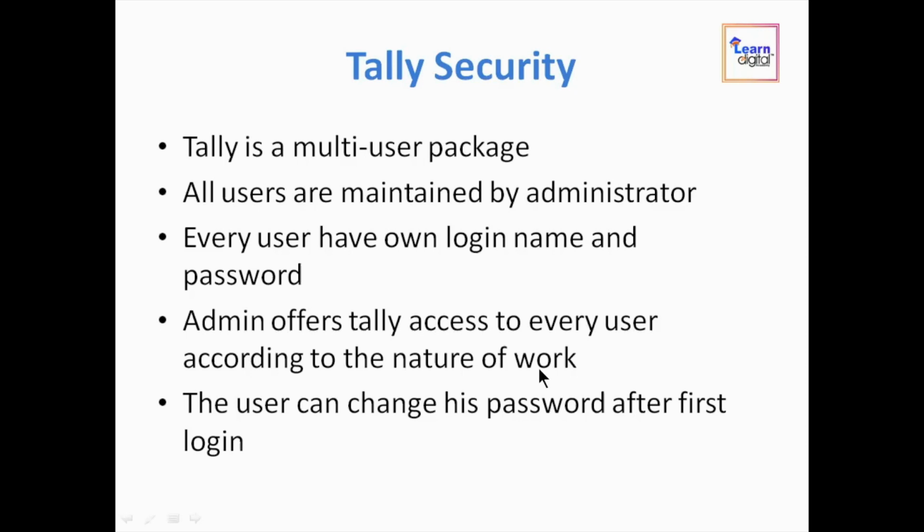This means, suppose one employee is in the purchase department and another employee is in the sales department. In that case, the administrator can offer Tally access to all the users according to the nature of work. For the employee working in the purchase department, the administrator can offer access to all the vouchers related to purchase order processing, everything.